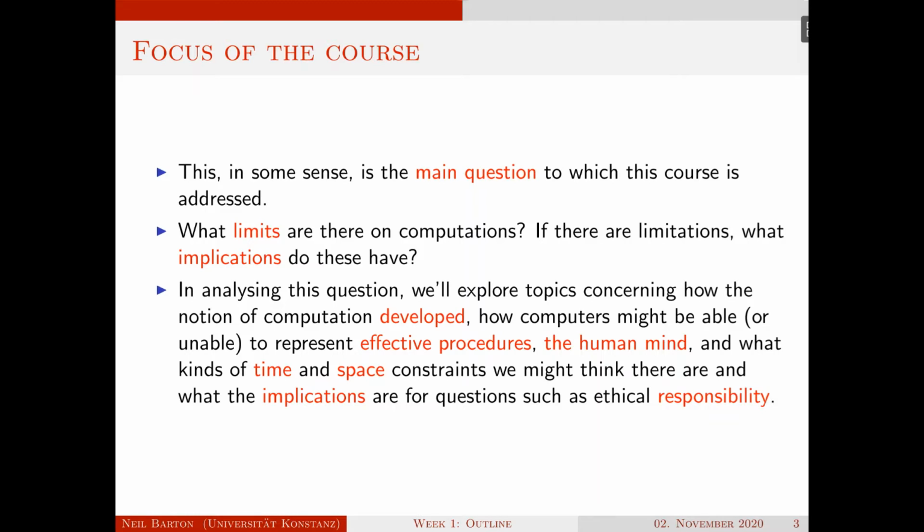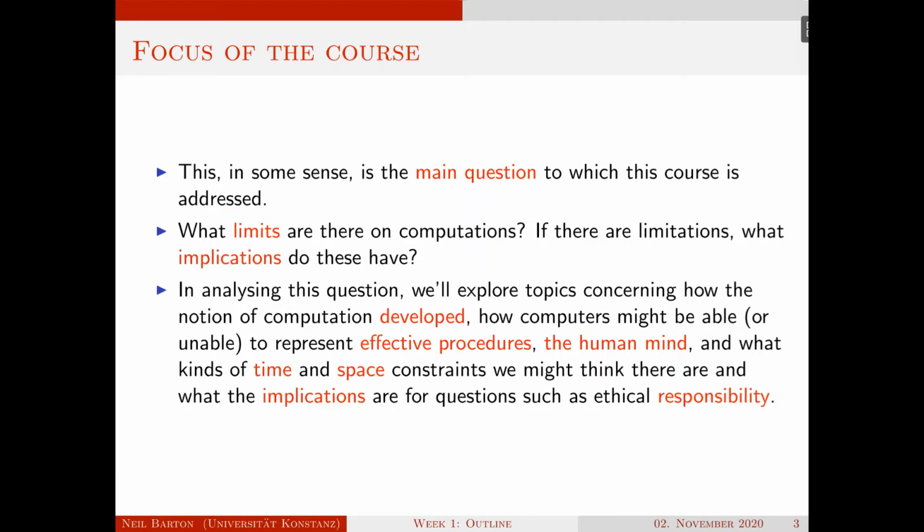So in analysing this question, we're going to explore several topics. So we're going to be looking at how computation developed throughout history, across cultures and so forth, how computers might be able or unable to represent certain kinds of effective procedure, so certain kinds of things we can carry out, how computers might or might not be able to represent the human mind, and if there are challenges there, and what kinds of time and space constraints there are on computations.